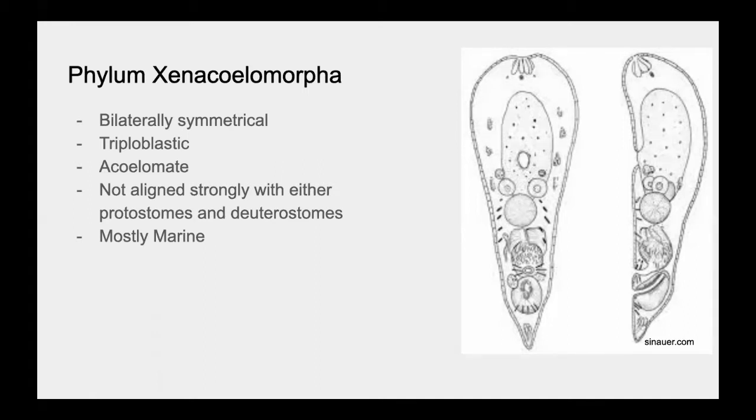This phylum is also triploblastic, which means that they have 3 germ tissue layers, and they also lack a coelomic cavity surrounding the gut. Compared to other invertebrates, they do not align strongly with protostomes and deuterostomes. And if you look to your right, you get a better picture, a general idea of what the phylum Xenacoelomorpha looks like.